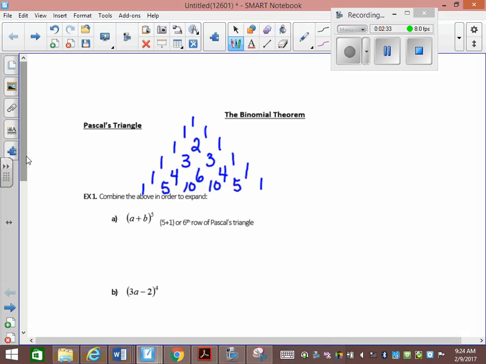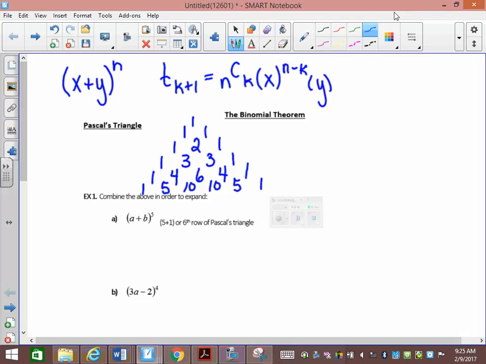It says, in the expansion of (x plus y) to the n, so it only works if it's in the form (x plus y) to the n. In the expansion of (x plus y) to the n, written in descending powers of x, the general term is t sub k plus 1 equals n choose k, x to the n minus k, y to the k.